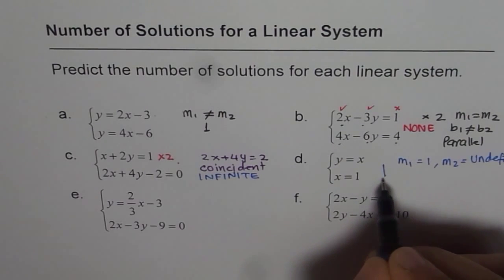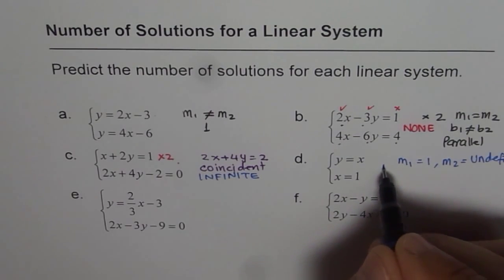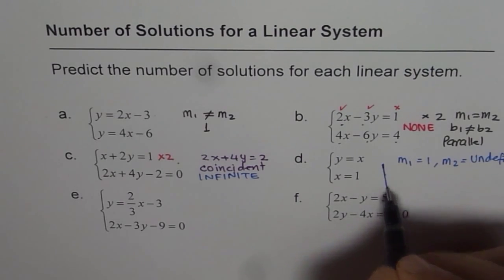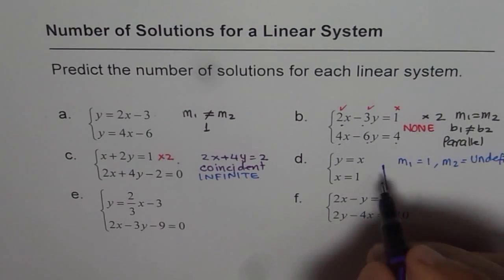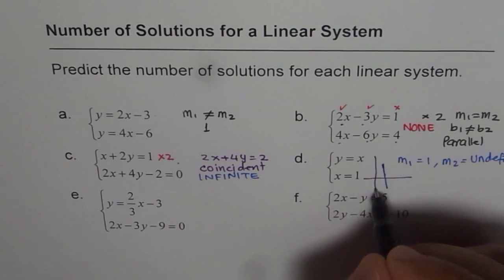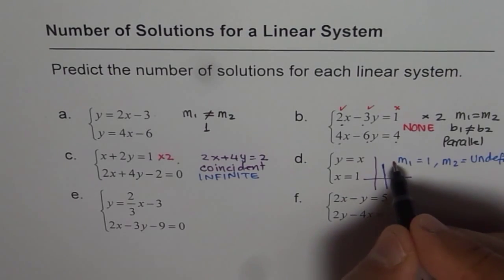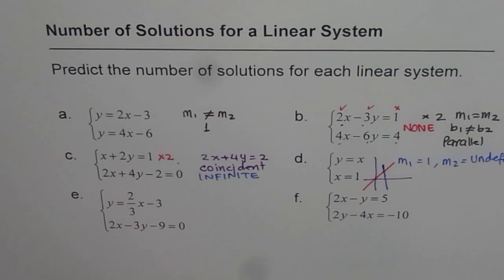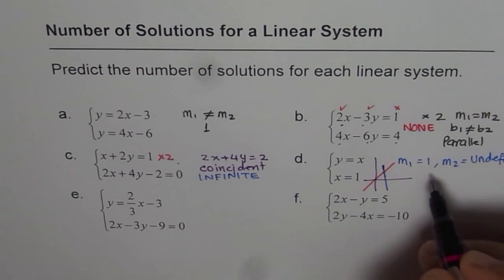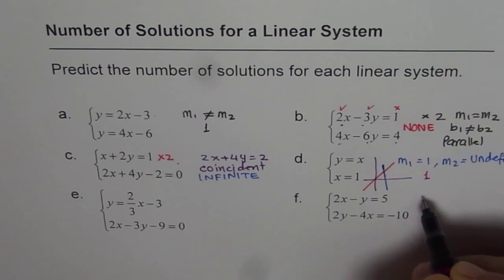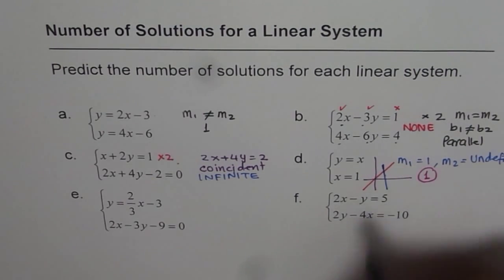These are actually not perpendicular, but well, let me now sketch it. Okay, let me sketch it now. So let us say x equals 1 is this line, and y equals x is a line which is going like this. It has one solution, right? So since the lines are with different slopes, the number of solutions is 1. So that is the number of solutions for this one.